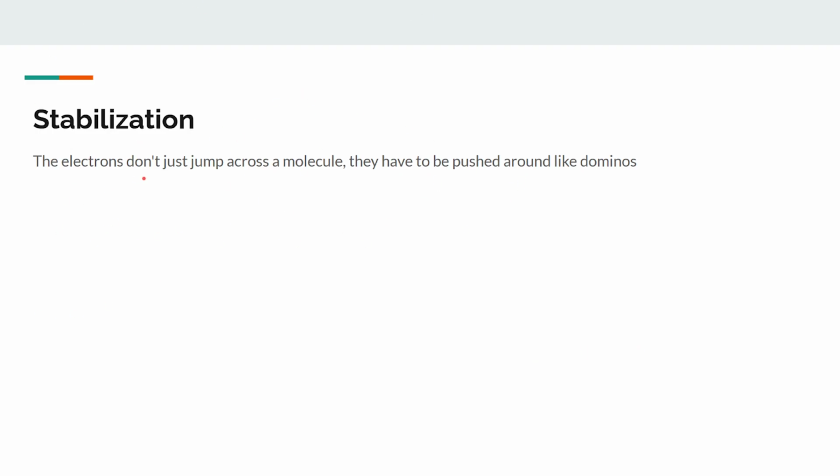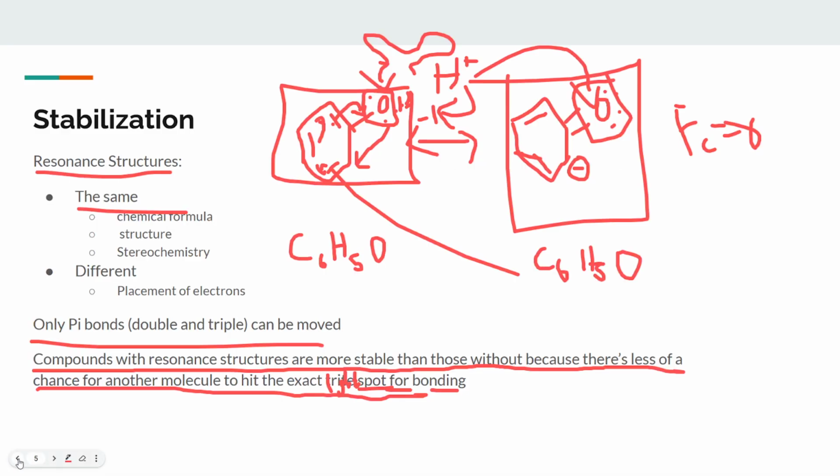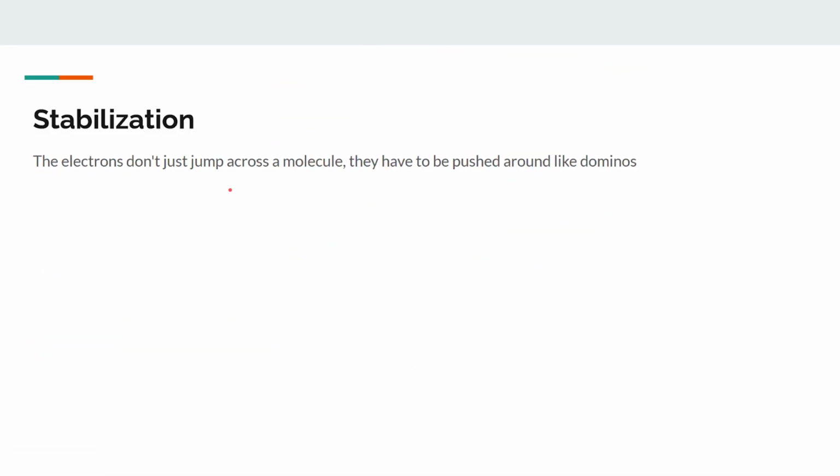And then electrons, as I demonstrated in this last one up here, don't just jump from one end of the compound to another. So let's take the same one. We started off with a double bond here, double bond here, double bond here.